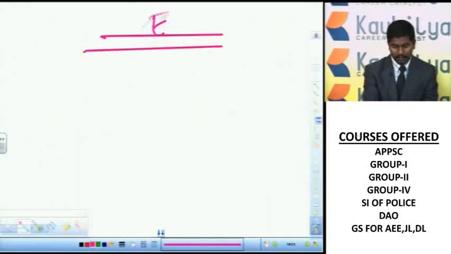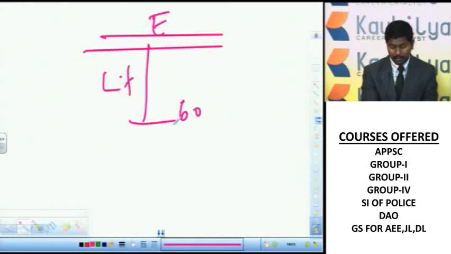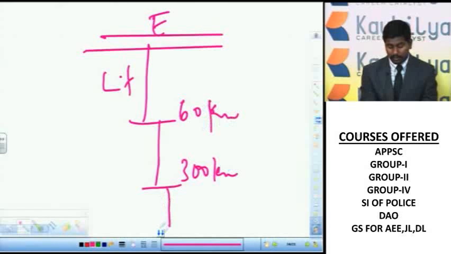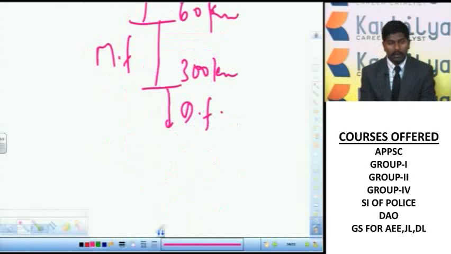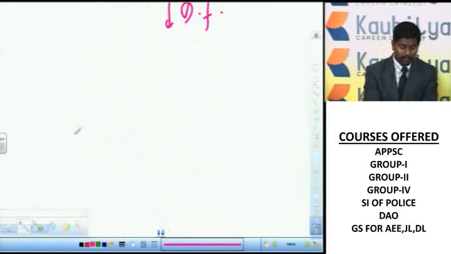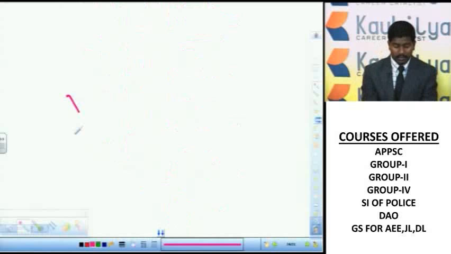So it is the epicenter, or the earth surface, and it is a low focused earthquake when the depth is up to 60 kilometers, and a medium focused earthquake when the depth is up to 300 kilometers, and more than this it is a deep focused earthquake.